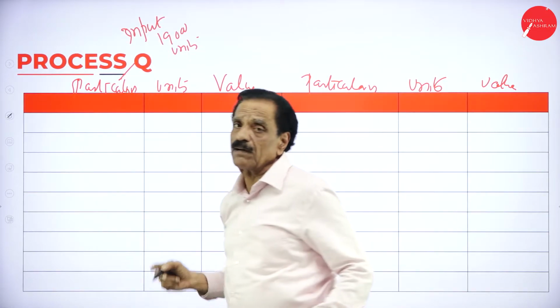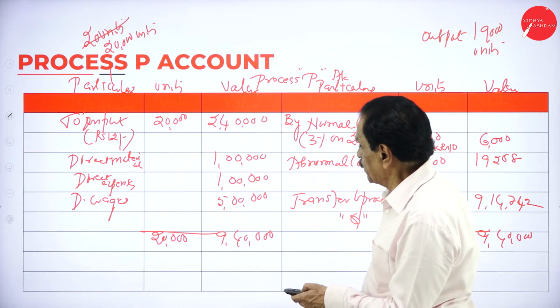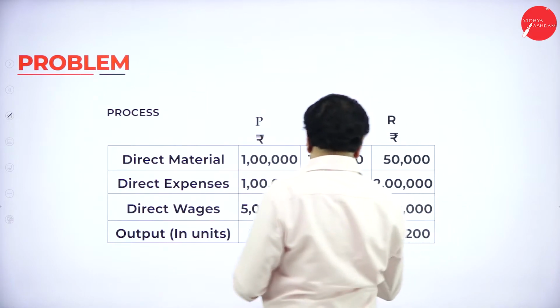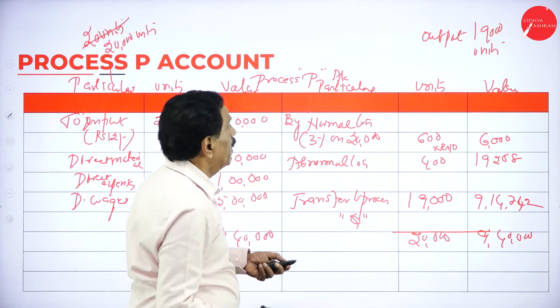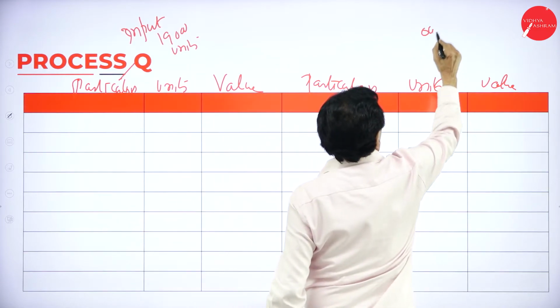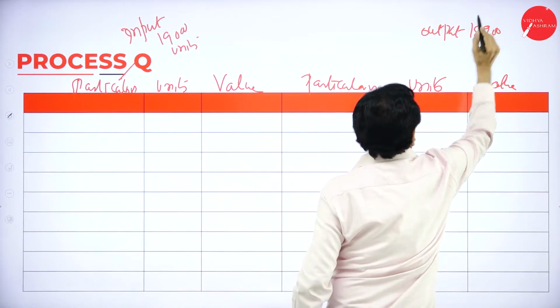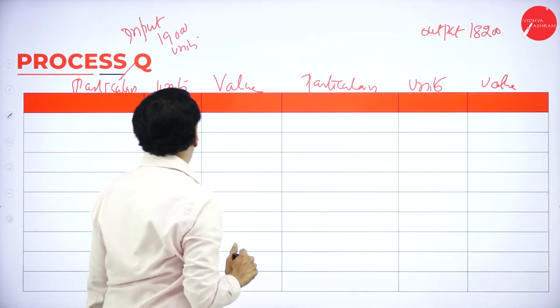You have to write in exam input and output, input and output. What's your output? 18,200. Your output is 18,200 units. Here 800 units.